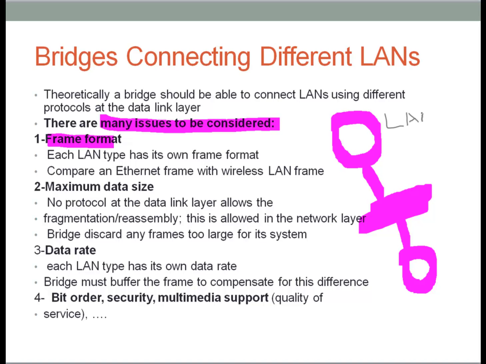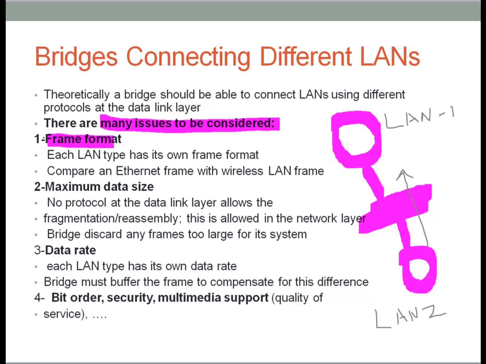In LAN 1, I am going to have one format of frame; different means it may vary slightly, not entirely. In LAN 2, I am going to have a different format of my frame. So if I send it from here to here, there are automatically some issues. The format of the frame is the first issue.